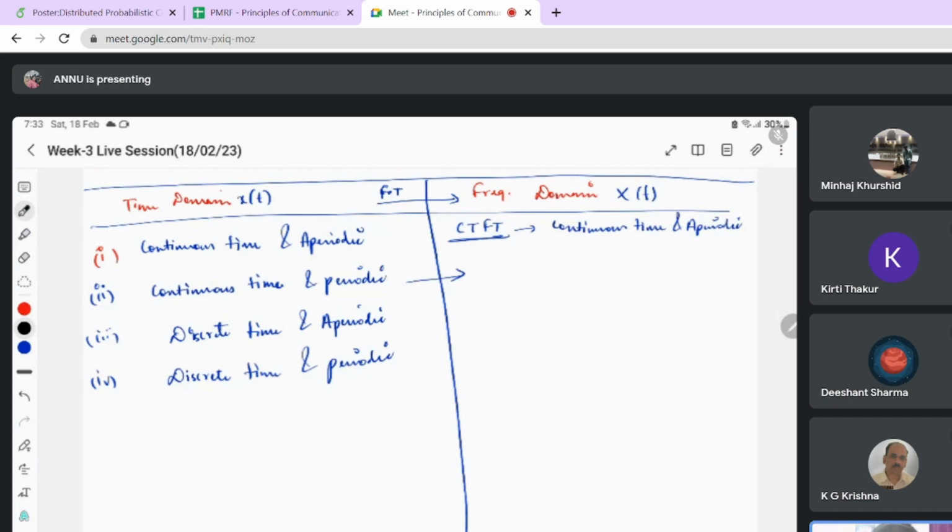I'm telling you what the answer should be; you have to solve it and prove it to me in the next class. If the input is continuous time and periodic, any periodic signal can be written in terms of a Fourier series, and wherever the term Fourier series comes, you'll have a discrete output. But yes, it is aperiodic. You have to prove it.